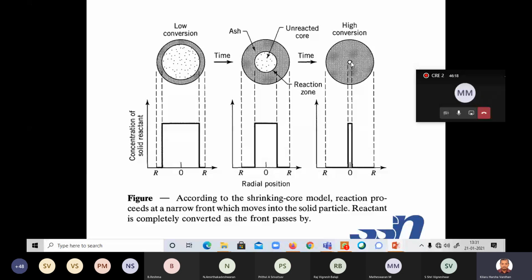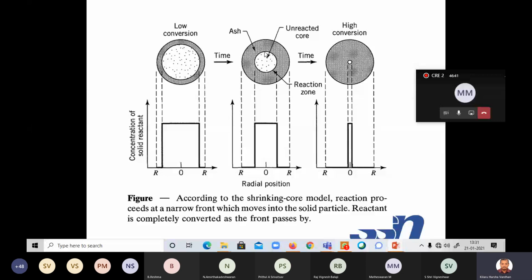Only at the center part there may be unburnt, or after some time it gets burnt. Now, one important thing is that when the ash is formed, your gas should penetrate through this particular ash layer. Then only the firing will happen here, because it should have oxygen here. Then only it gets fired.